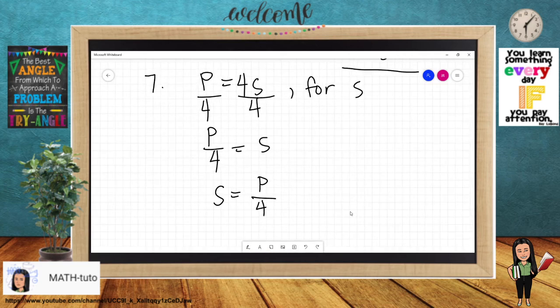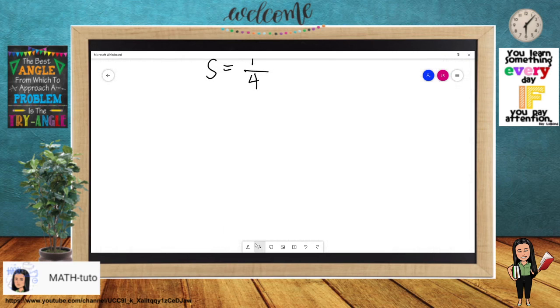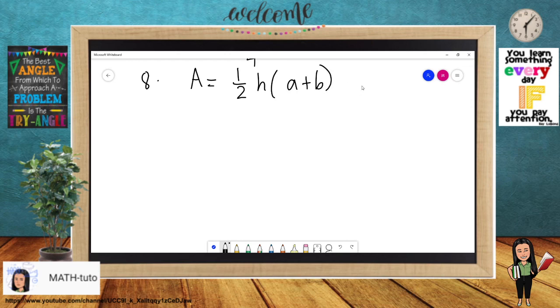Okay, let's have one last example. Number 8. So, this is A equal to 1/2 times H times quantity A plus B. And we are solving for H. Okay? So, we can multiply both sides by 2 to eliminate the fraction.